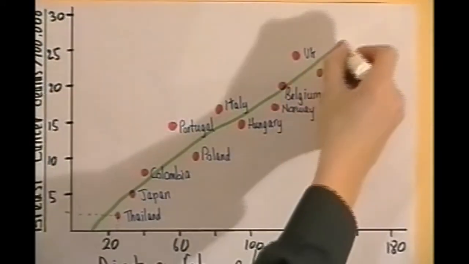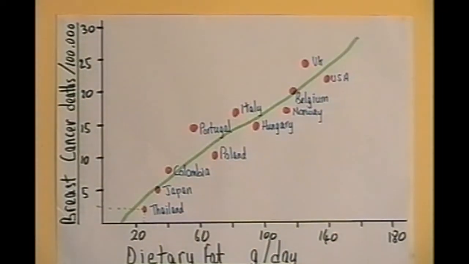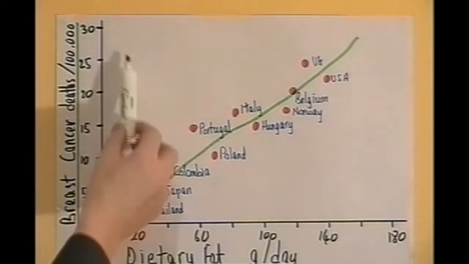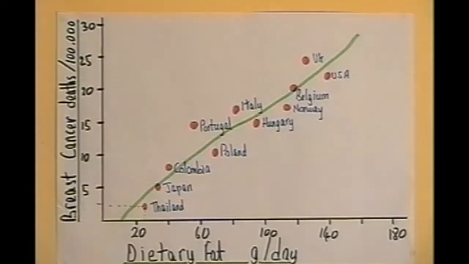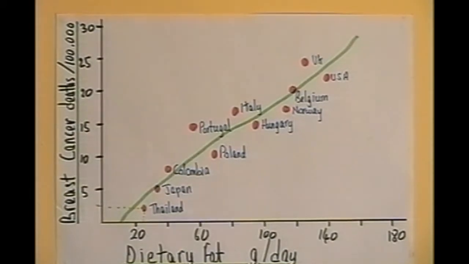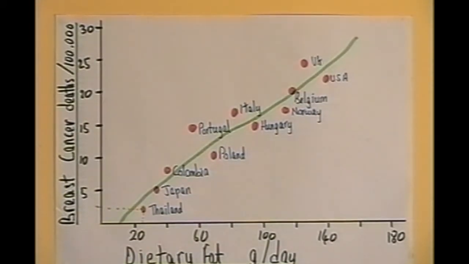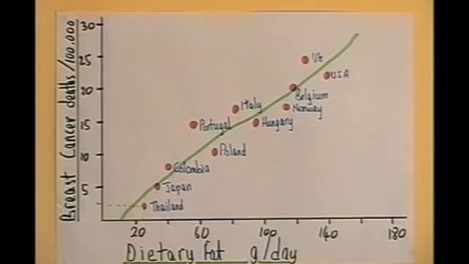Maybe a best fit line would be something like that. Are there any countries that have low amounts of dietary fat and high incidences of breast cancer? Well, no, there aren't any countries that have low amounts of dietary fat and a high incidence of breast cancer. This part of the graph is empty.